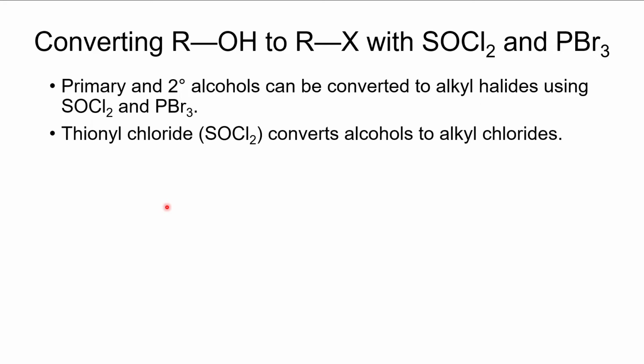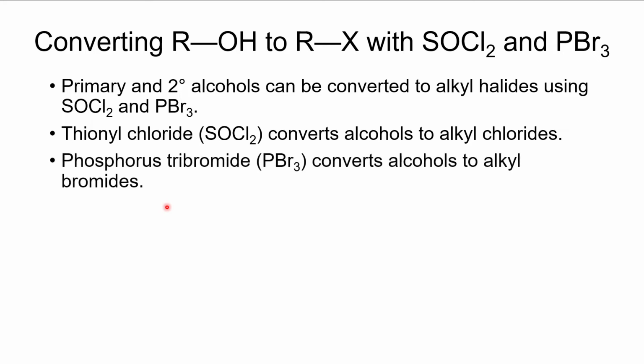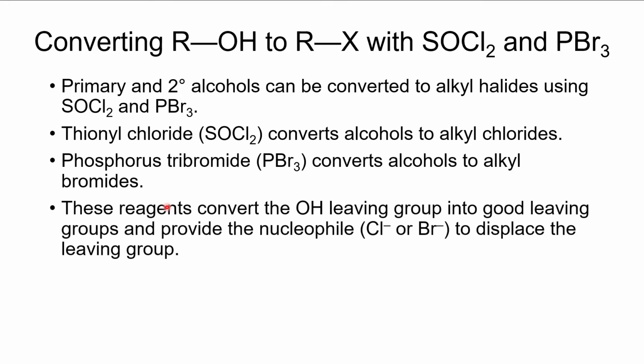The thionyl chloride will convert your primary and secondary alcohols into alkyl chlorides, and of course the phosphorus tribromide will convert the alcohols into alkyl bromides.